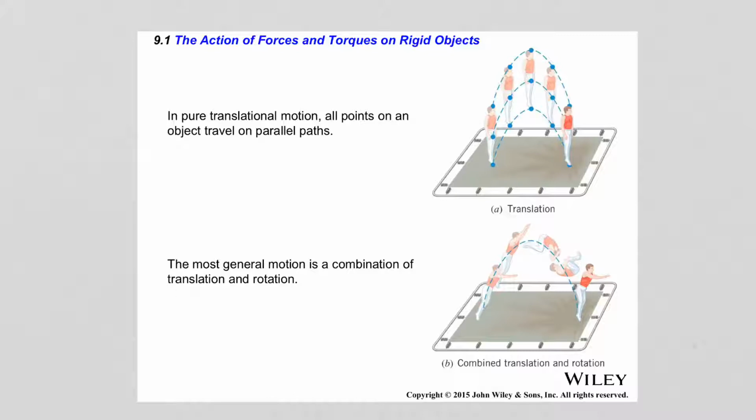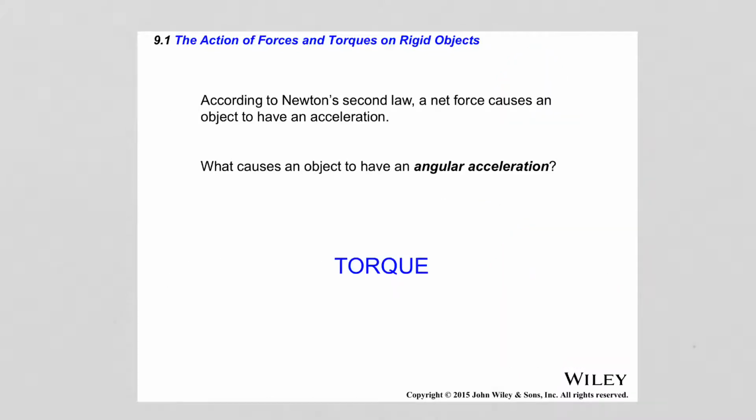So we know that in translational motion, when force is applied, an object accelerates. Then one can ask what causes the angular acceleration of a rotating object to change, to increase or decrease. The quantity that is responsible for the change in angular acceleration is called torque.